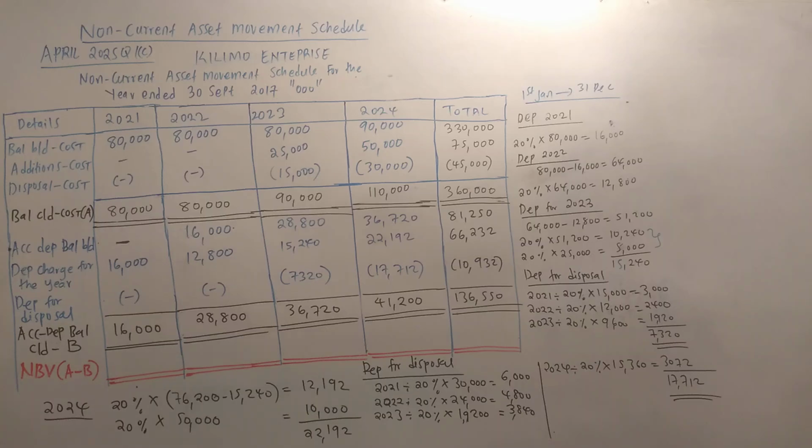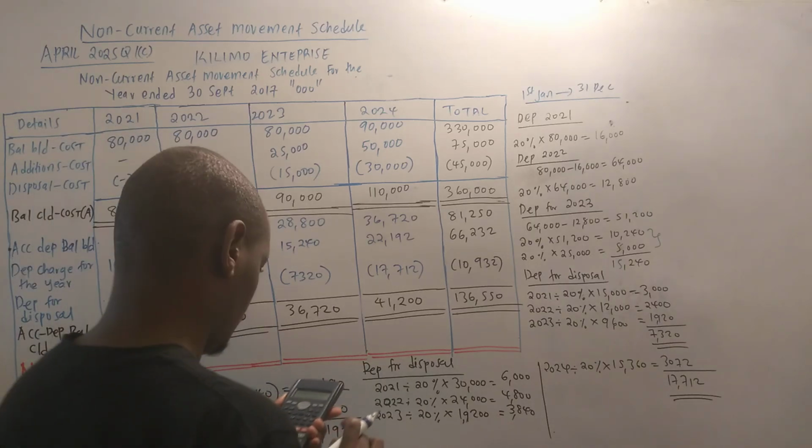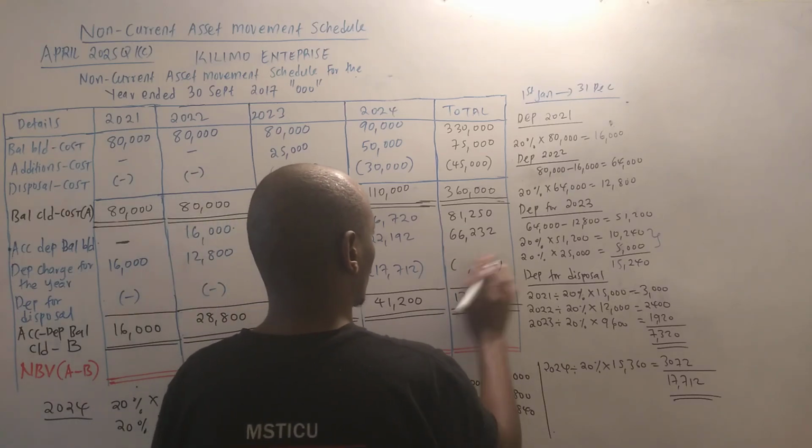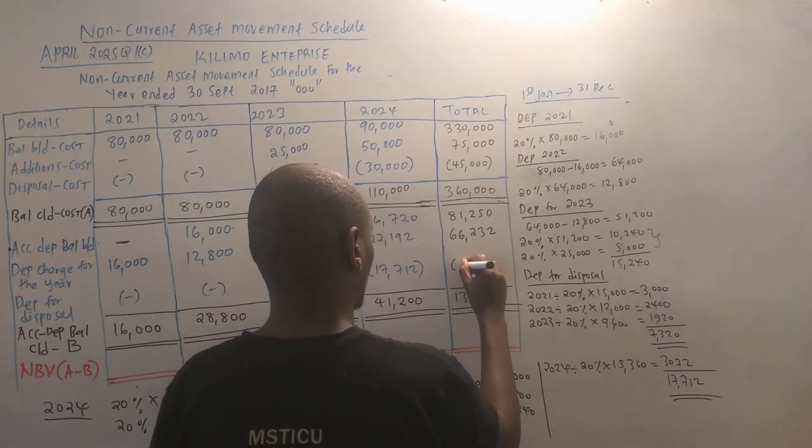They're supposed to be 25,032. This one is wrong.